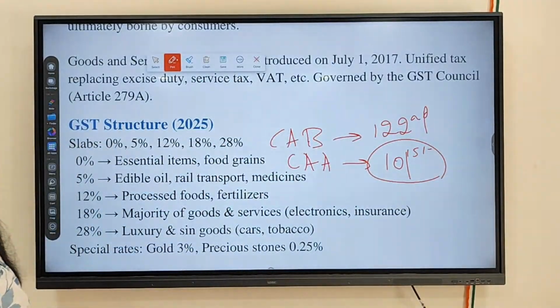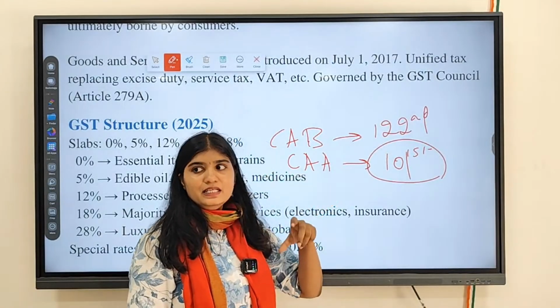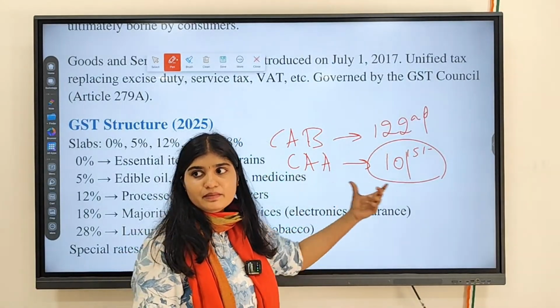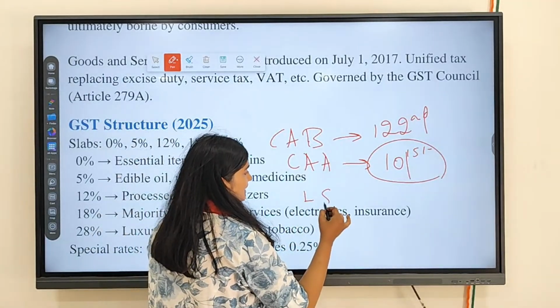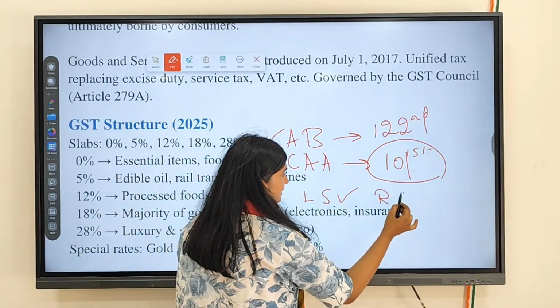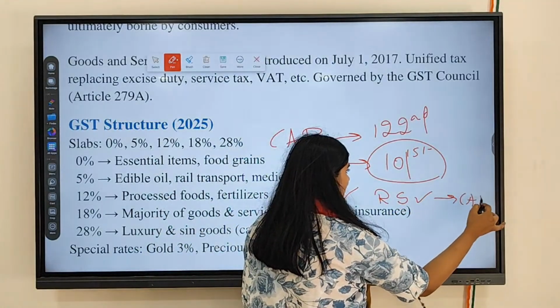The 122nd Constitutional Amendment Bill was given assent by the President and became the Constitutional Amendment Act. Firstly, what will they do? They will pass it in Lok Sabha, they will pass it in Rajya Sabha, and this is called the Constitutional Amendment Bill.